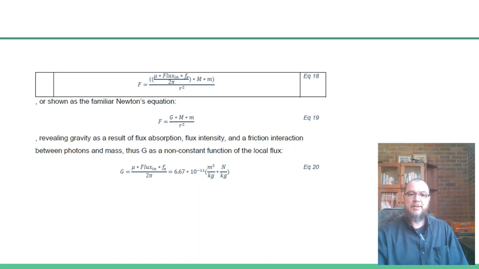However, what we have shown now is that G cannot be considered a constant. It must be a measure of flux, first of all, a measure of absorption into one mass, and a measure of coupling with another mass. In summary, it must be assumed that G is not a constant, and we can thus also assume that Newton's equation is a simplification for interactions between two masses.